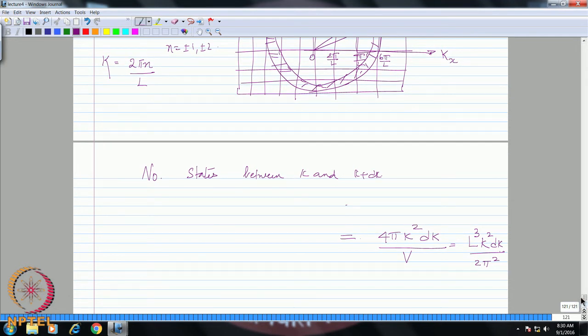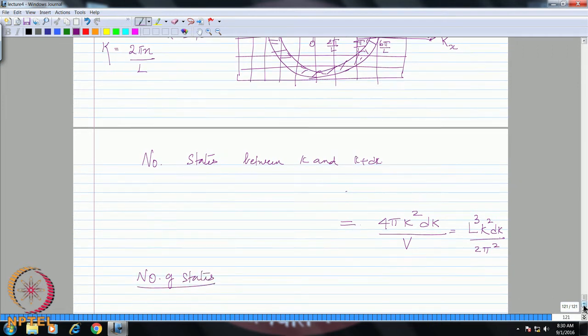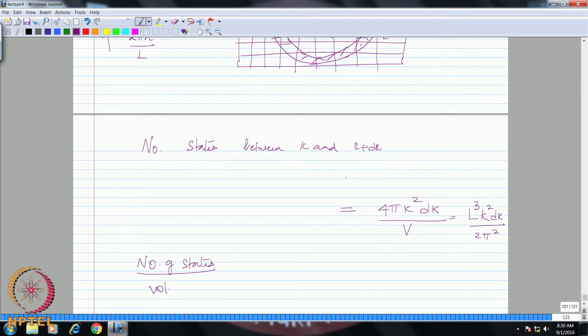Now, what we will do is define the number of states per unit volume of the crystal. So, if you have this chain of atoms in one dimension, the total length will be capital L. Therefore, in a 3-dimensional case, the volume of the crystal will be L cube.